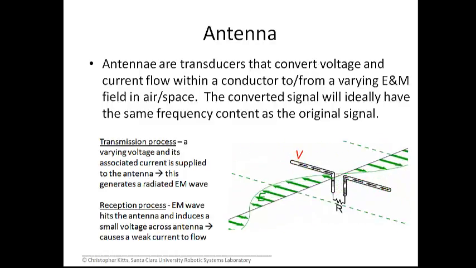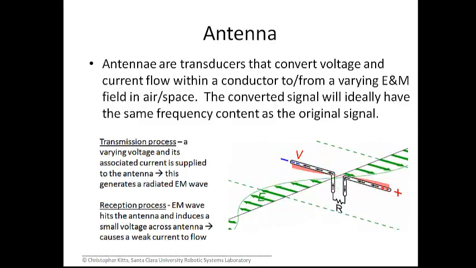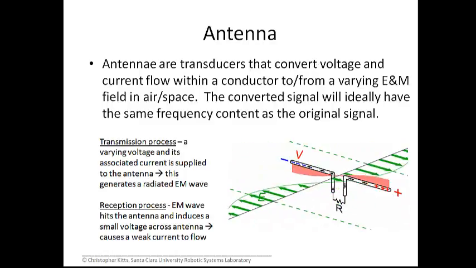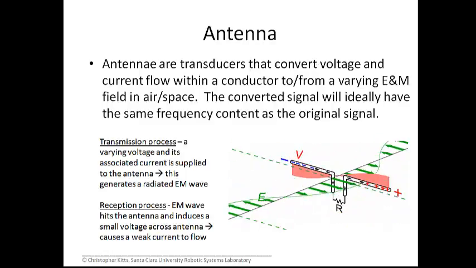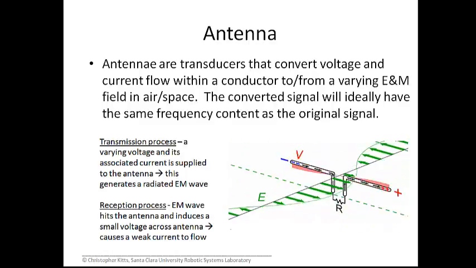It can take a time-varying electromagnetic wave that interacts with the antenna, and convert that to a time-varying voltage and therefore current flowing in the conductor portion of the antenna. And the nice thing about this is when that conversion takes place, it converts the signal from one form to another, but the signal has the same frequency content, so the time-varying aspect of the signal is preserved, and it's that time-varying aspect that holds our information.